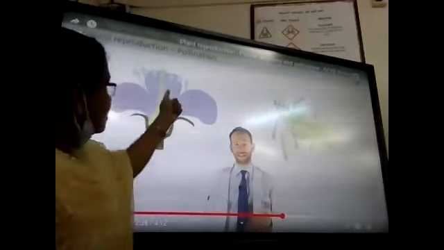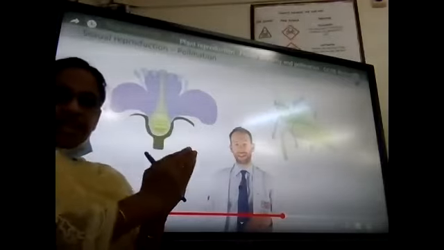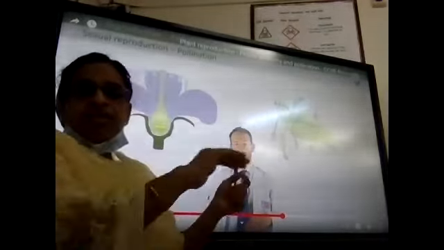But here it is difficult because the pollen and anther, everything is inside the flower. So it is difficult for the wind to carry it. But here it is easy for the wind to carry it because the filament and anther are hanging down. These are the stigmas.